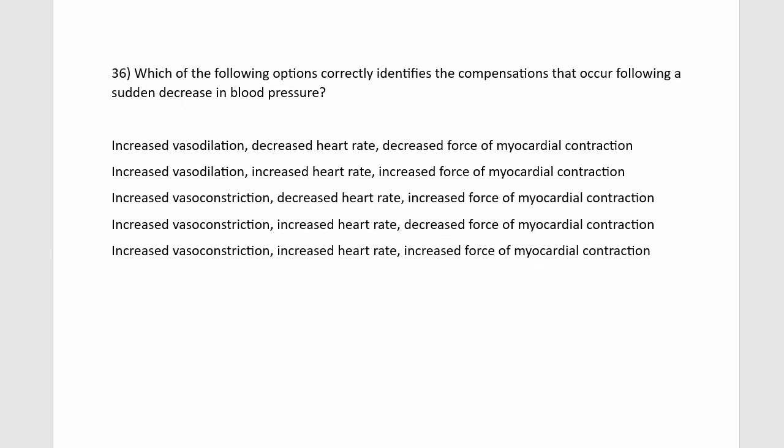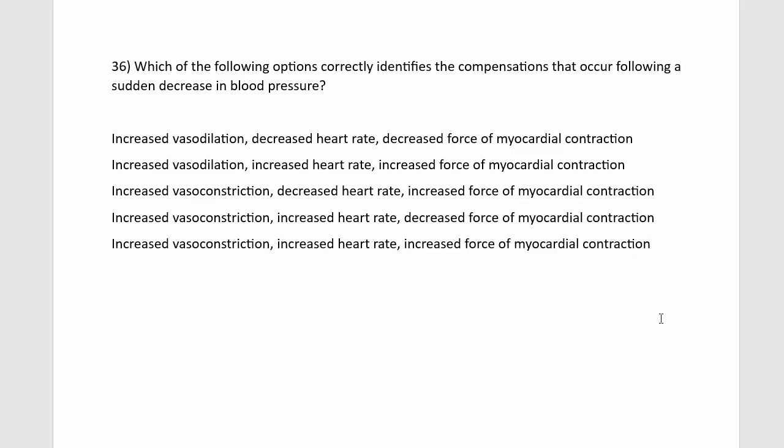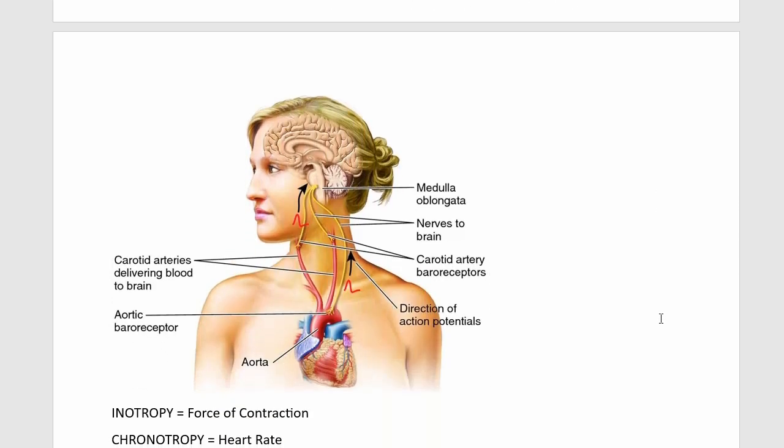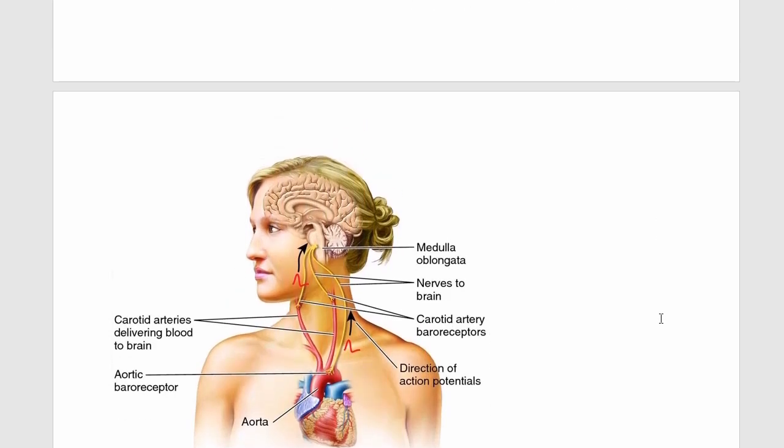Okay. Which of the following options correctly identifies the compensation that occurs following a sudden decrease in blood pressure? I'm not going to read through all of this because my voice is already going, so let's just think through this logically. When you have a sudden decrease in blood pressure, this is detected by baroreceptors located in the aorta.